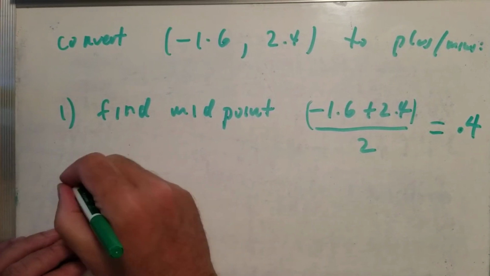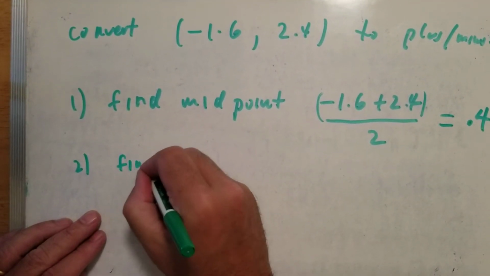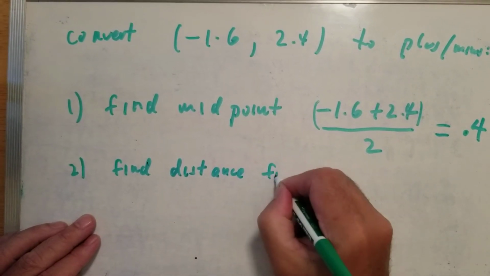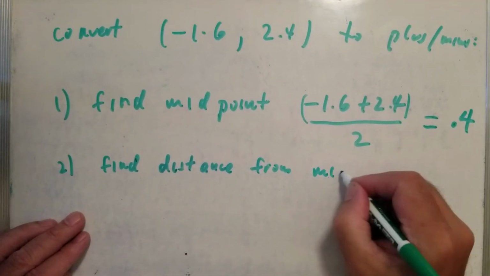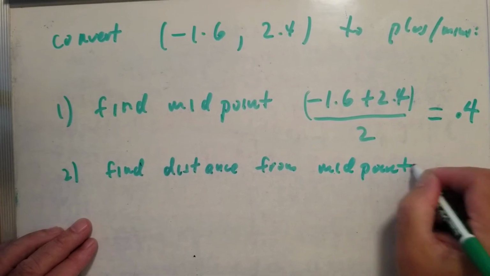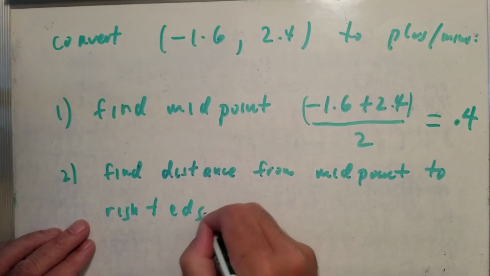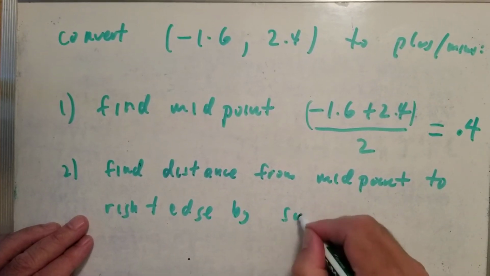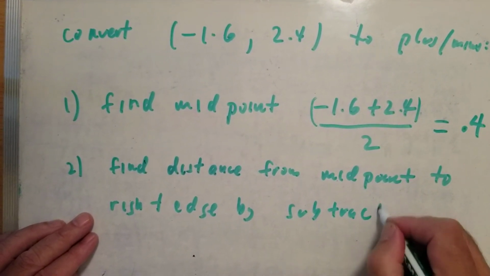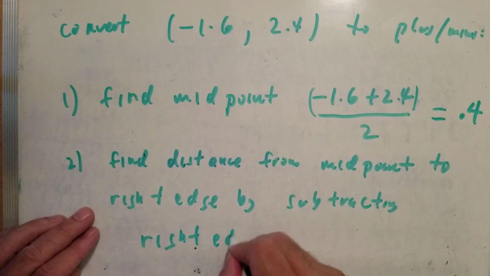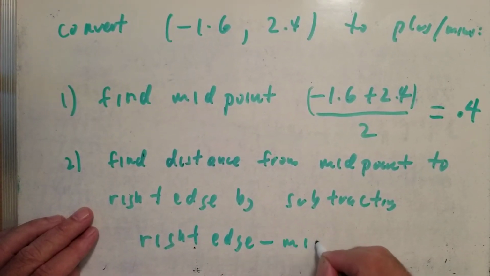And then the second step is find the distance from the midpoint to the right edge by subtracting right edge minus the midpoint.